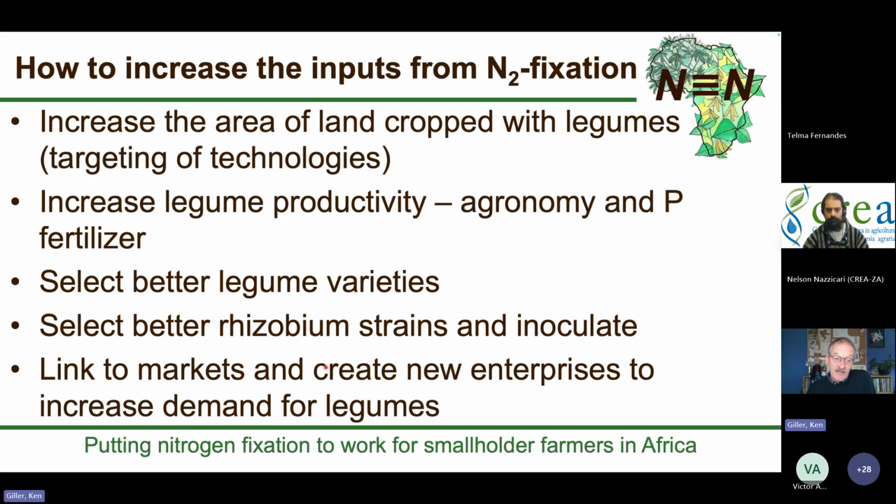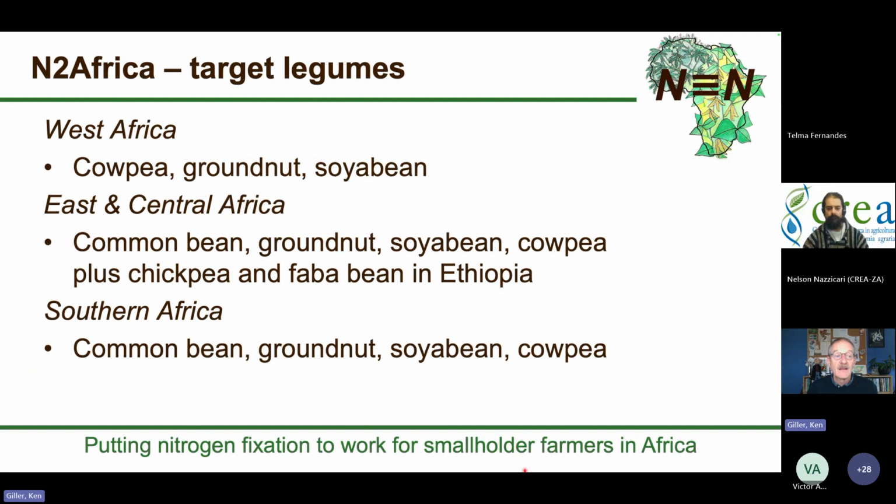We were trying to select the best legume varieties, selecting rhizobium strains and using inoculation, and then linking to markets and creating new opportunities for farmers to increase the demand of legumes, because obviously if you're going to produce more legumes, we need somewhere for that to be sold. So we worked on different grain legumes, particularly cowpea, groundnut, soybean in West Africa.